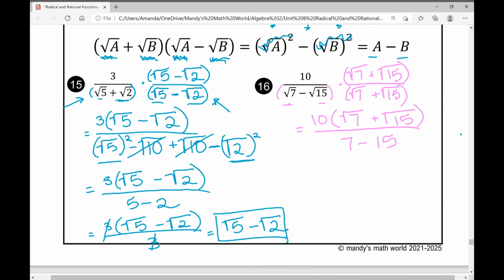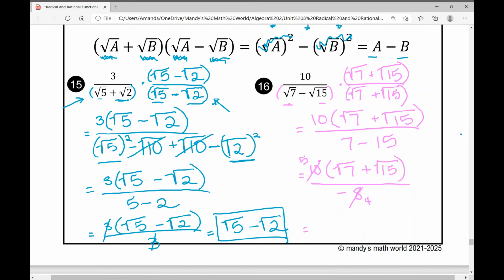So now when I rewrite this, I've got 10 times the square root of 7, or root 7, plus root 15, over 7 minus 15 is negative 8. And now I can simplify the 10 and the negative 8. So I can divide by 2. 10 divided by 2 is 5. 8 divided by 2 is 4.